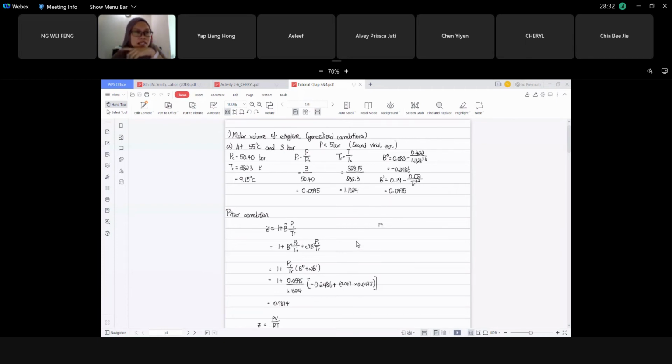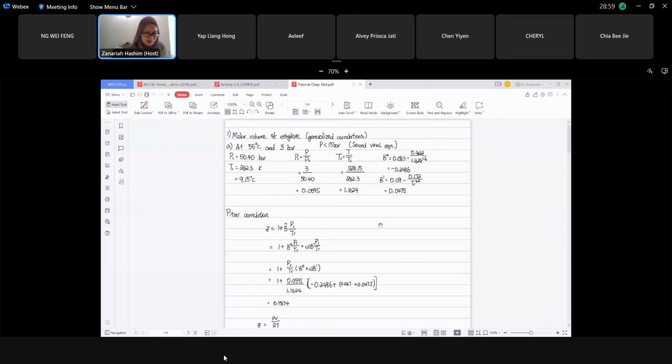Dekat nota tu salah. Actually it's supposed to be 0.0139. Tak pula, sebab saya tak bawa... 0.139. Sorry. Oh, okay. It's supposed to be 0.139.